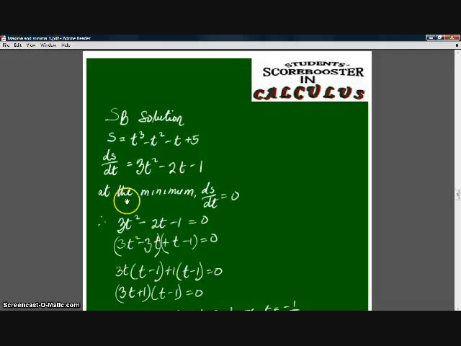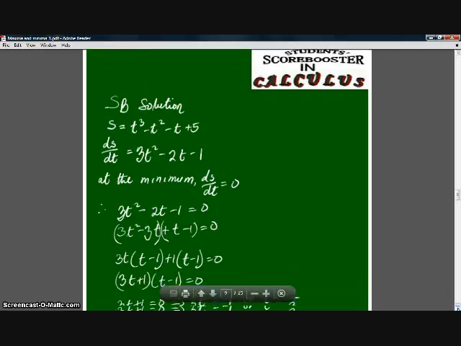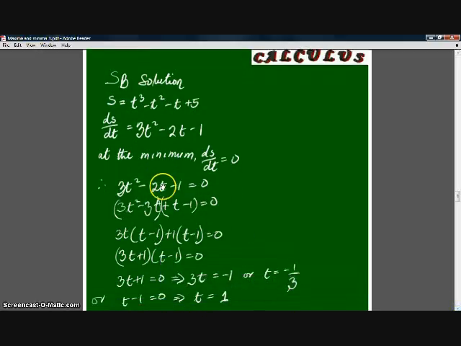So this is a quadratic equation. If you have forgotten, you need to take a little revision of how to solve quadratic equations. You can use the so-called almighty formula, it's okay, but I'm using factorization here. You split this one, minus 2t is the same as minus 3t plus t.